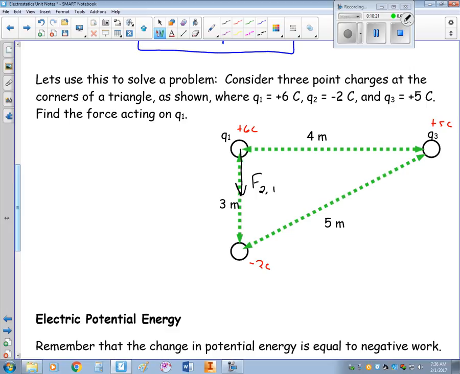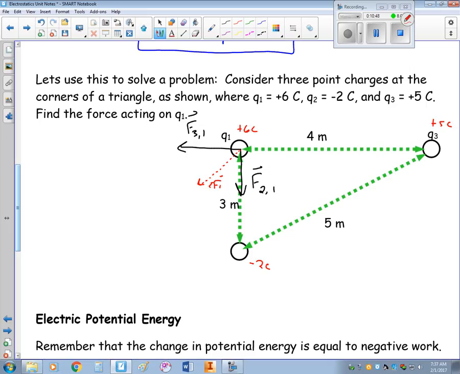Between Q1 and Q3, they're both positively charged, so they would be repelling each other. So those would be the two forces acting on this. Notice then that the net force should be somewhere in the middle. So this would be like the net force acting on particle 1.